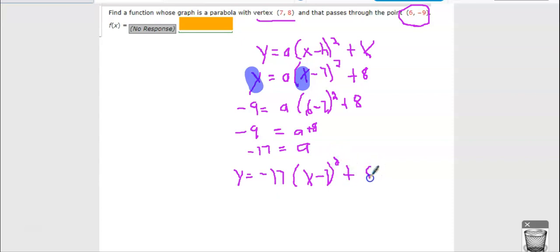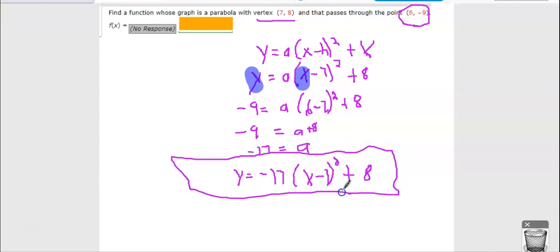If I graph this, with a graphing calculator or using an XY chart, it would have a vertex of 7, 8, and it would also cross through that point. So it's a good way to check it, because it has to have the vertex 7, 8 and it has to go through that point. Any other equation would not work. So you can easily check it.